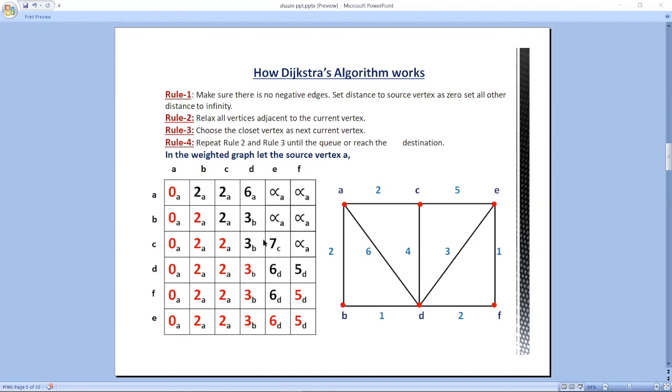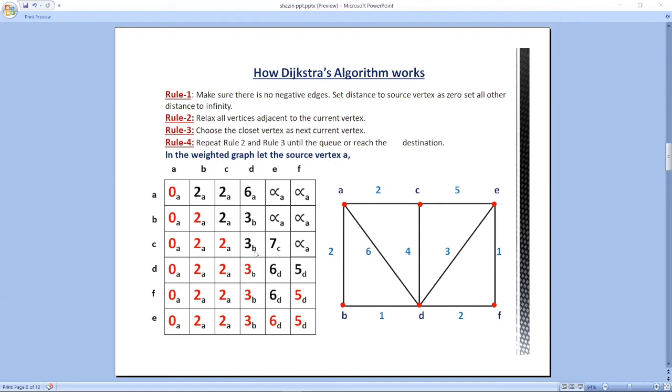Then if we want to travel from C to D, there is a direct way, 4, and 2 plus 4 will be 6 units. As 6 units is greater than the previous value, we will not update the value.